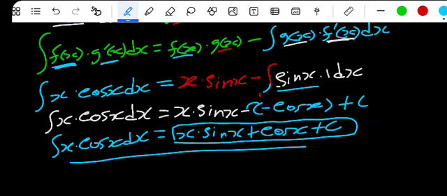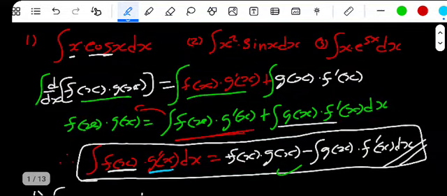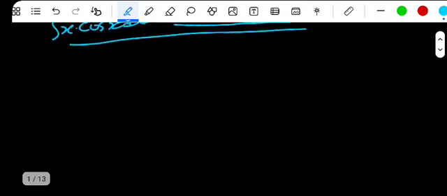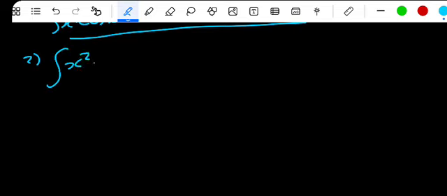So let us check. We've been given number 2, the integral of x squared multiplied by sine x dx. Now we know what we're supposed to do. We'll use our equation.